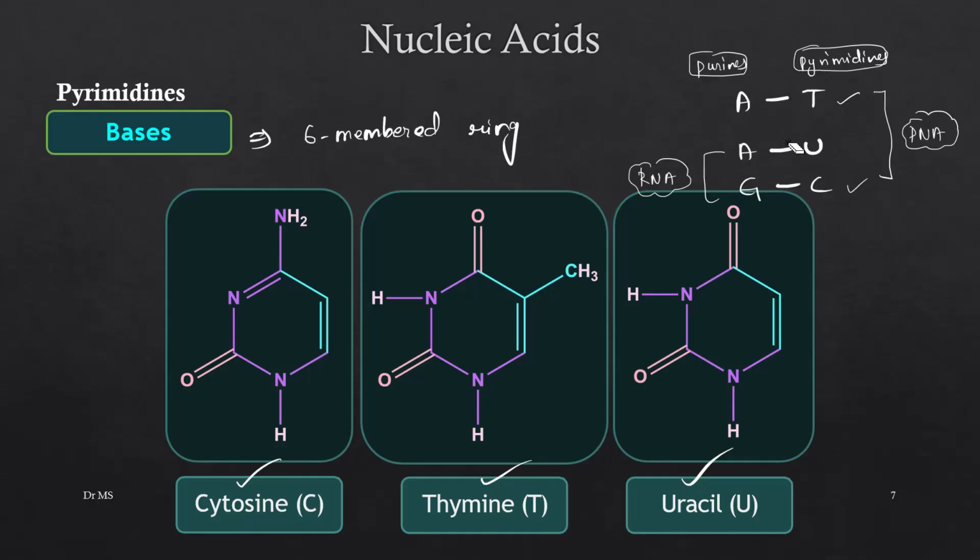The first difference is on the second carbon: if you have hydrogen, we call it ribose sugar, that's RNA. On the second carbon, if you have OH, it is deoxyribose sugar, which is DNA. The second difference is that if thymine is there, it is DNA, and if uracil is there, it is RNA. Clear? These are the two major differences between DNA and RNA.